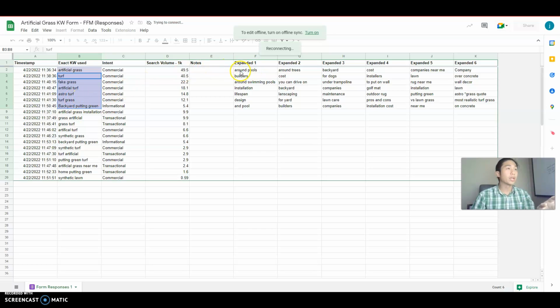And you're going to be writing about all these other things. You're not going to hit all of them, of course, but you want to hit as many as possible. And then your service pages are going to be about turf, fake grass, artificial grass as your H1s. And these are going to be your H2s. And you're going to be writing about that all in detail. I know they are the same.